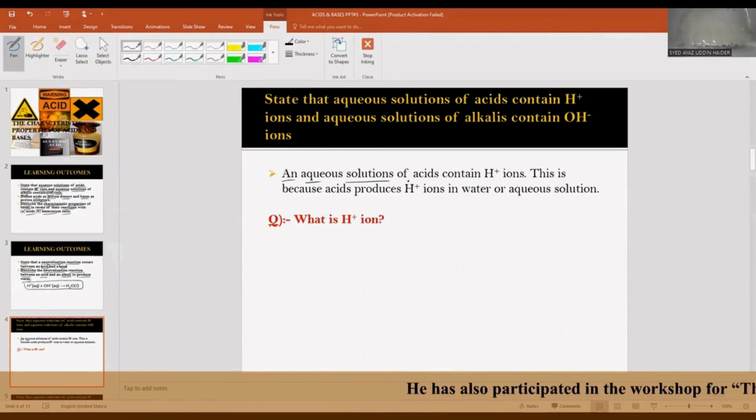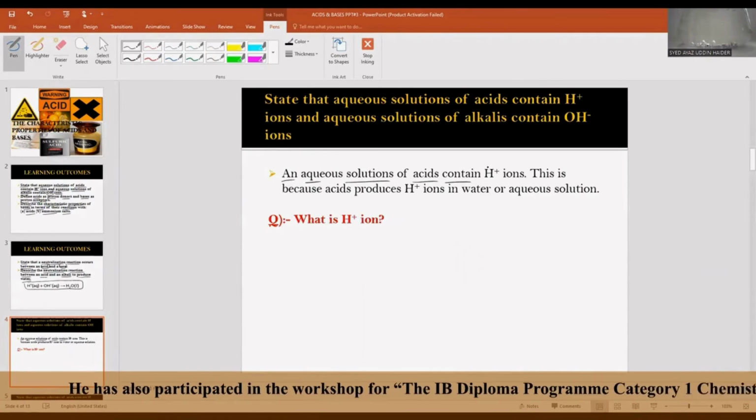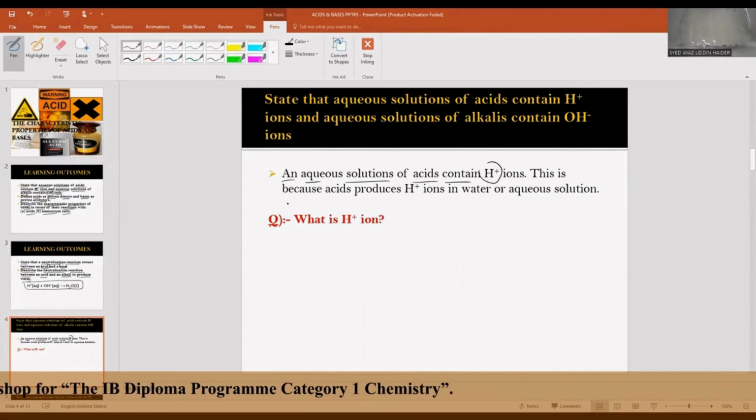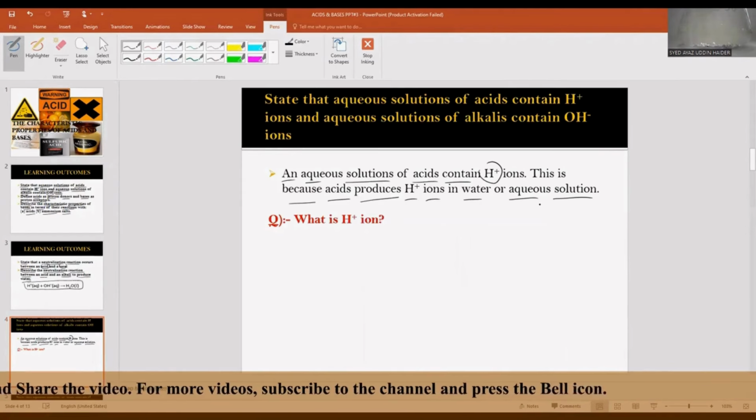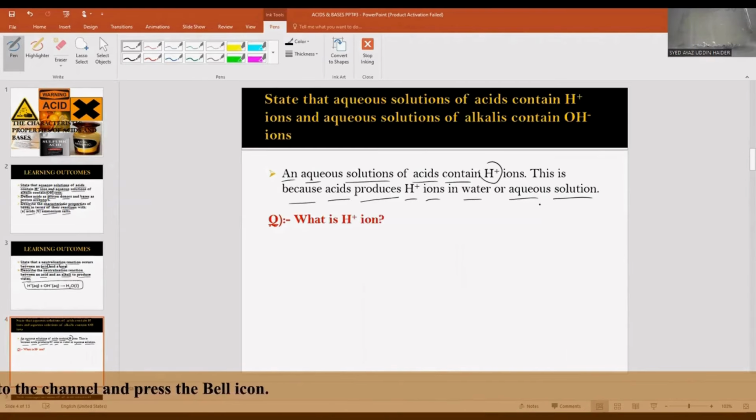And aqueous solutions of acids contain H positive ions. This is because acids produce H positive ions in water or aqueous solution. The term aqueous comes from the Latin word aqua, which means water.